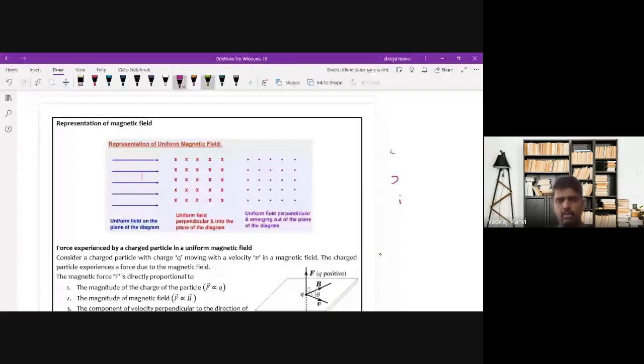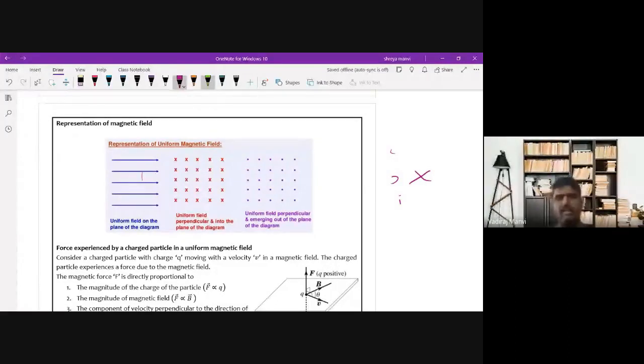They are all equal. So if you represent a cross, then you are indicating the magnetic field is perpendicular to the plane of the screen or page, whatever you consider, and it is going into the plane of the paper.